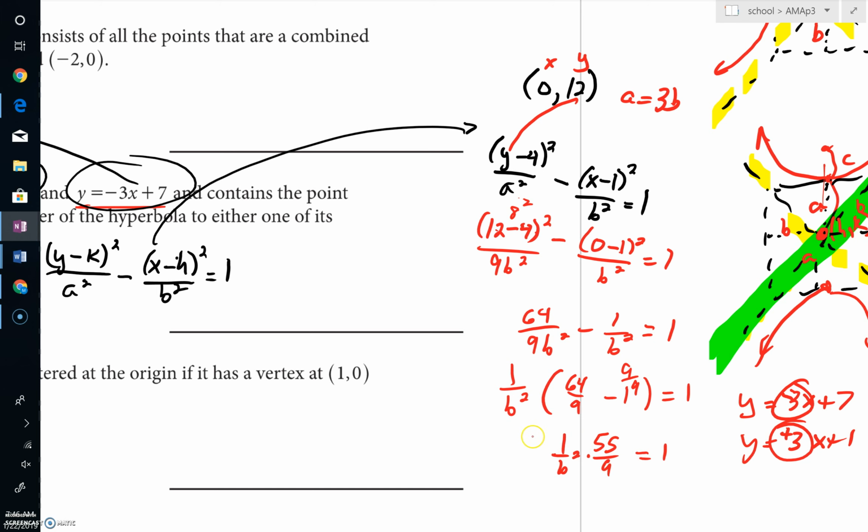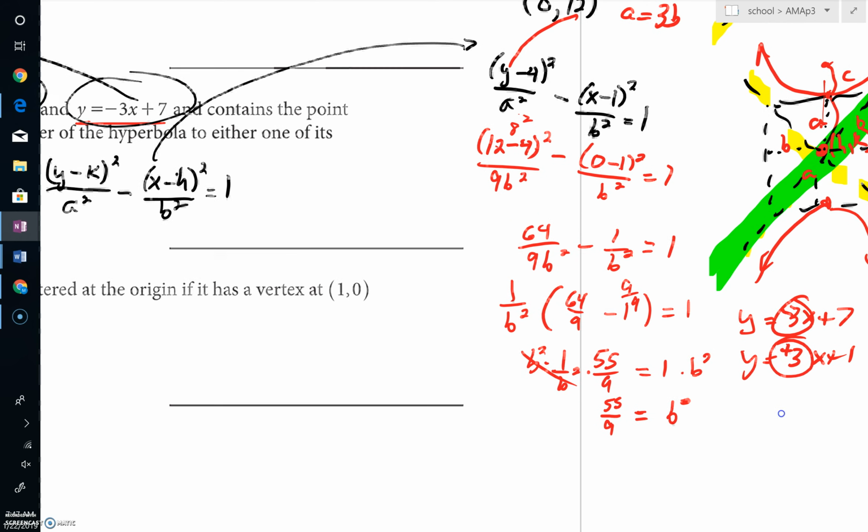I'm just going to multiply both sides by B squared, and I'll have B squared equals 55 over 9. At that point, I can take a square root, and B is radical 55 over 3.